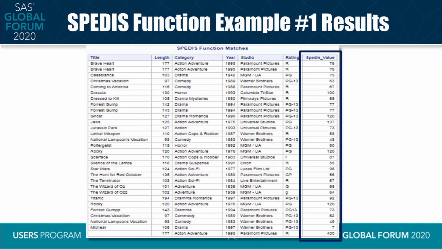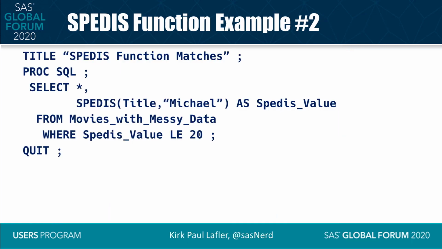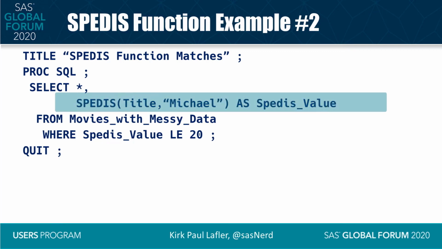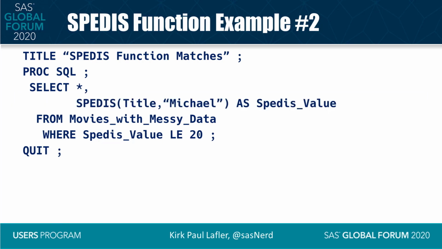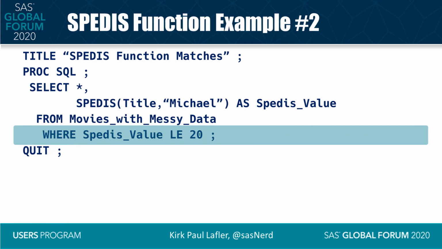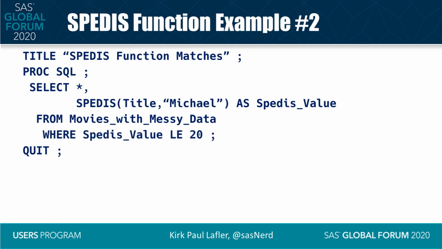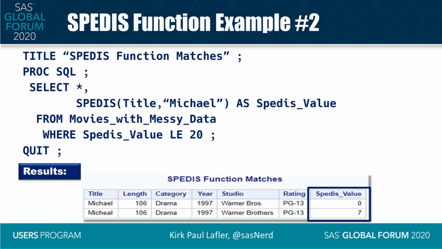Let's take a look at another example. In this example, we're going to look at SPDIS title for Michael, assign it to SPDIS value, where SPDIS value is less than or equal to 20. So now instead of looking at all these large values, we're going to constrain the value to 20 or less. The hope is that we're going to find a greater likelihood of matches here.